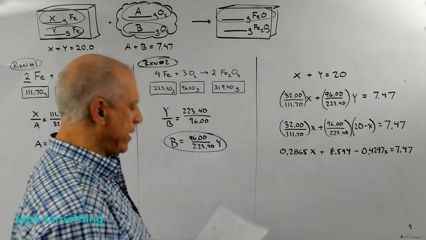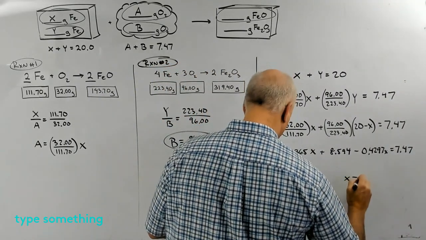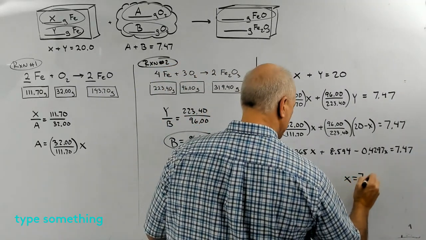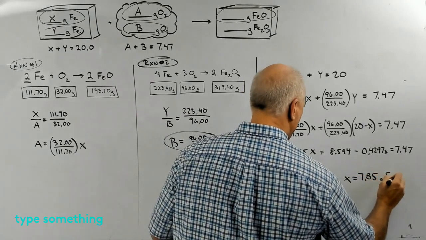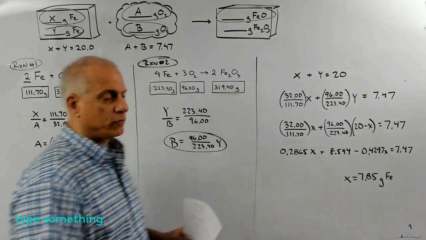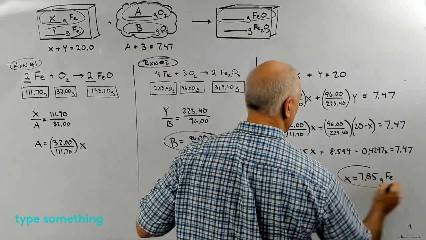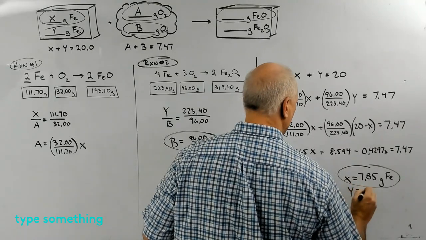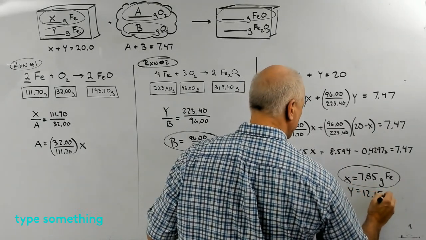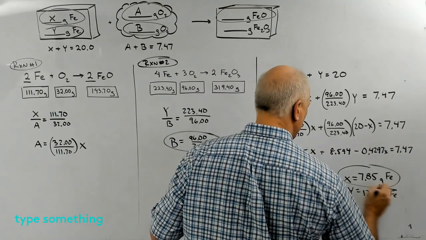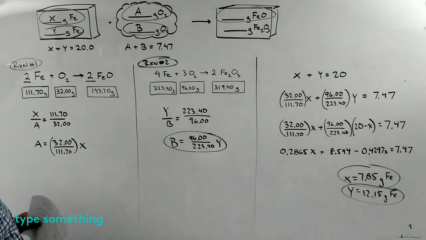Move terms around and do all the math, and when all is said and done, we get a value of x of 7.85, and that would be grams of iron that reacted in the first reaction, and y would be the remaining amount, 12.15 grams of iron that reacted in the second. So that's our x and y value.